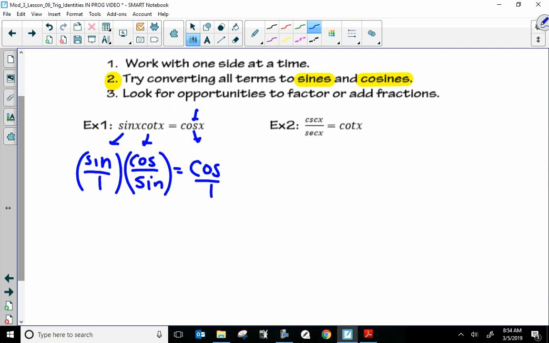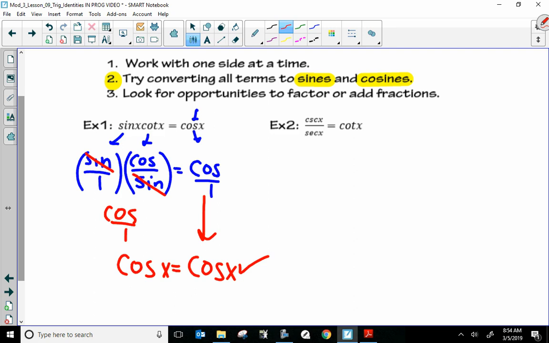On the left side, my sines cancel, and I get cosine over 1, which is cosine. That equals cosine. Check, it's good. Please make sure you put your x's in for your answer. I know I don't write them during the process, but you should put them back in.